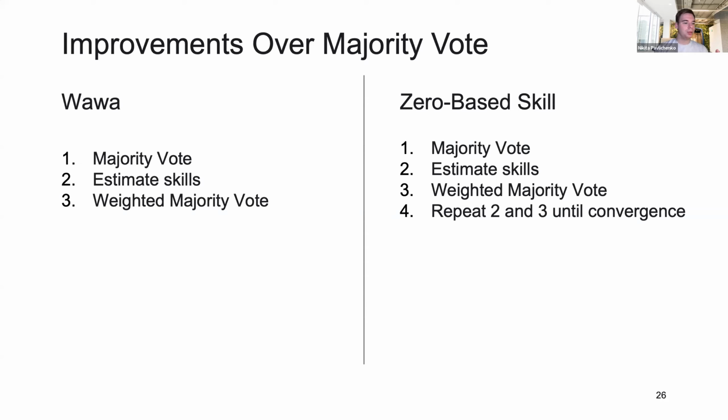It estimates the skills as a fraction of votes that are similar to the majority vote for each performer. And then it does the weighted majority vote with the weights estimated on this second step. And we also have the zero-based skill algorithm. It just repeats the second and third step until convergence. So it just repeatedly estimates skills and does the weighted majority vote.